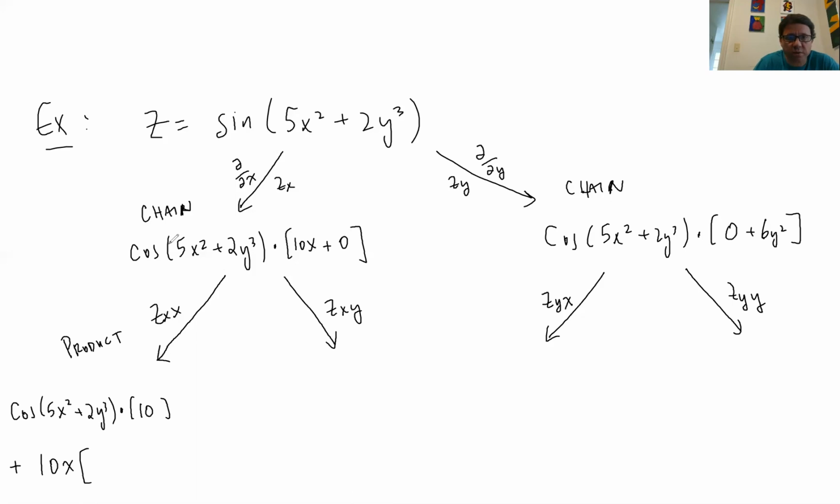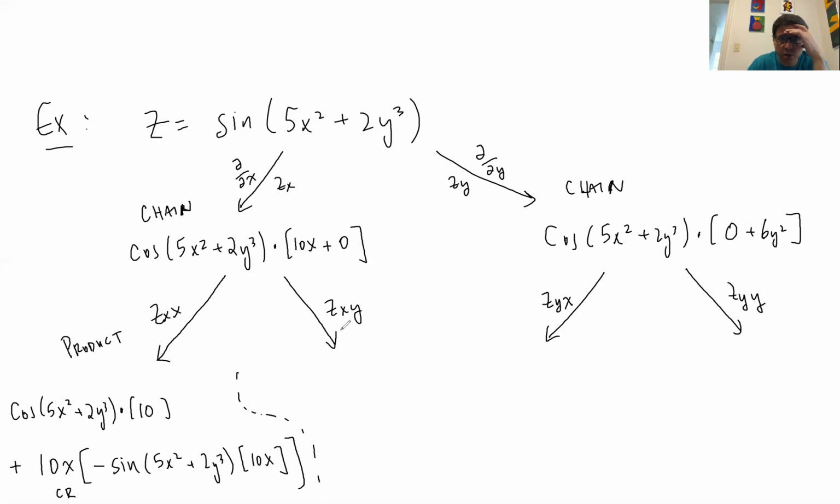So I take the derivative of this cosine, and now this one is going to be a chain. So negative sine 5x squared plus 2y cubed. Then I multiply by the derivative of the inside, chain it, and that's going to be 10x, just like we had on the first part. So that's the zxx using the product. You could clean it up, but I'm not going to worry about that right now.